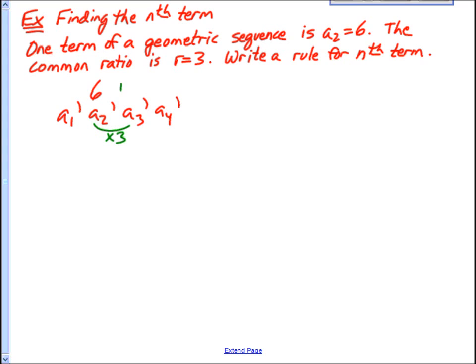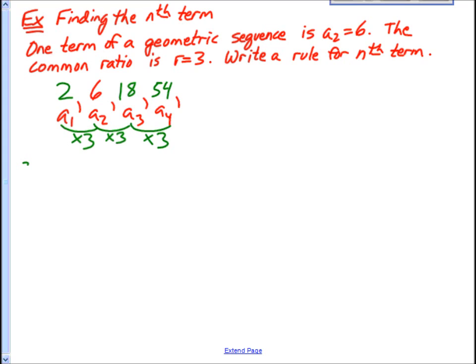So 6 times 3, 18. 18 times 3, 54, and so on, right? So what would the first term have to be? What times 3 gives you 6? You say, oh, 2. So the first term is 2.